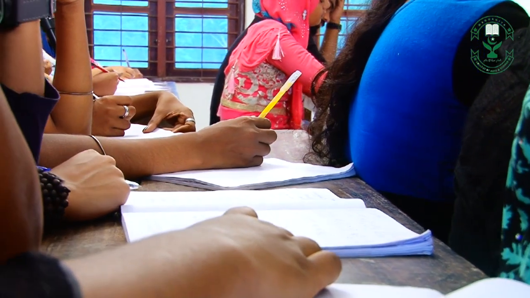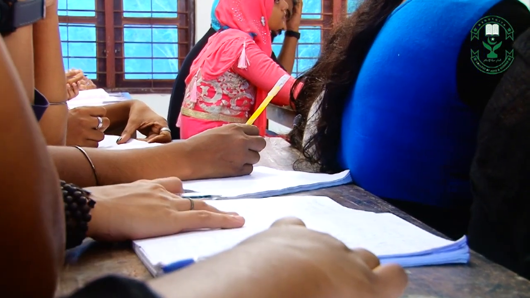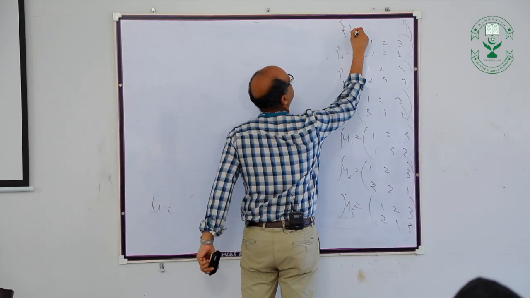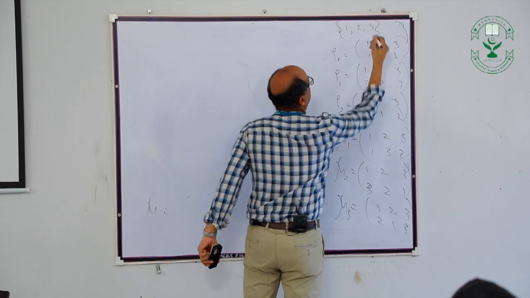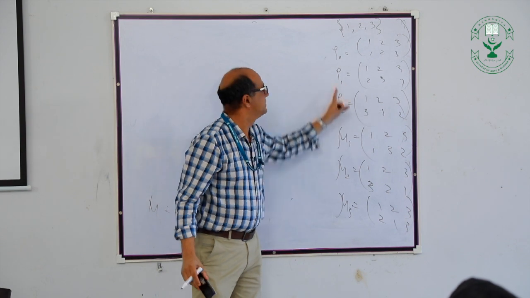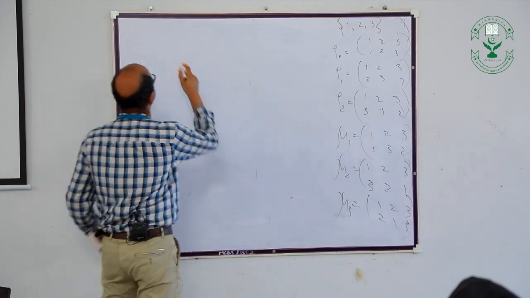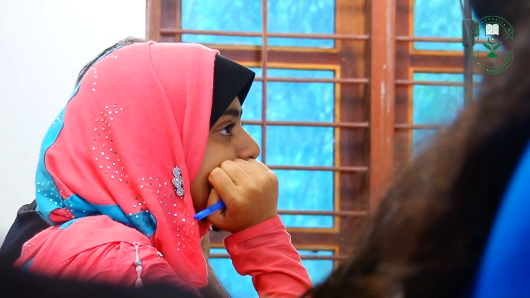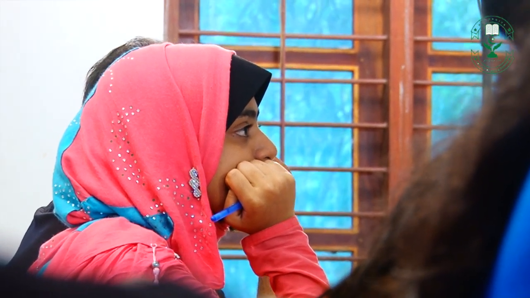This is what we have, the 6 elements. Out of the set 1, 2, 3, we form these elements, and I am going to consider them as row 0, row 1, row 2, mu 1, mu 2, mu 3.